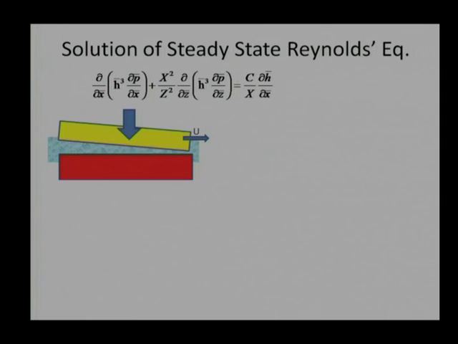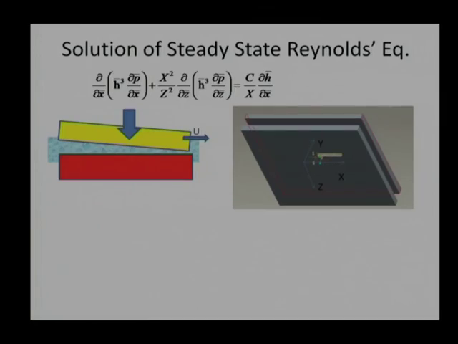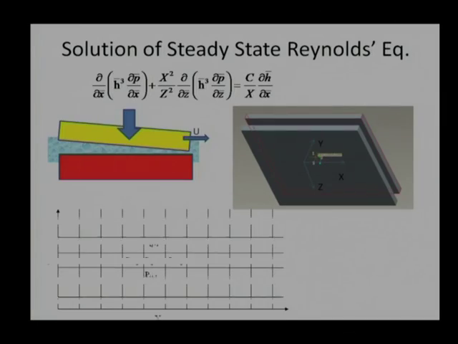Surfaces are rigid, u is constant, it is not a function of any space variable. This was a figure which showed two surfaces, and this was a grid which we showed to be used to estimate pressure P i j, the pressure at any i and j node.